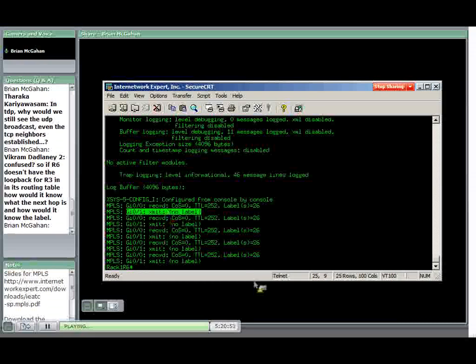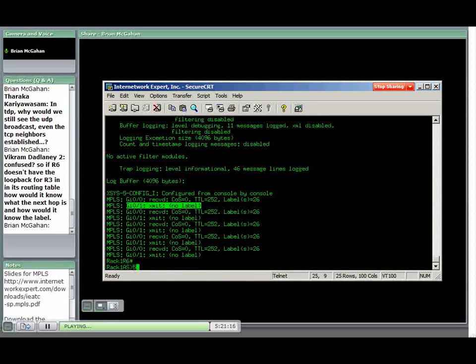Okay, so if we go ahead and ping that destination, actually what we'll do, let's go to everybody here. We'll say debug MPLS packets and logging buffered. No logging console. Okay, we'll go ahead and do this on everybody.